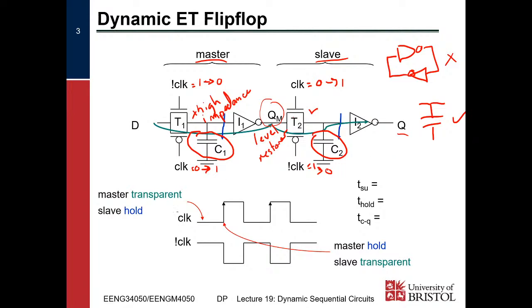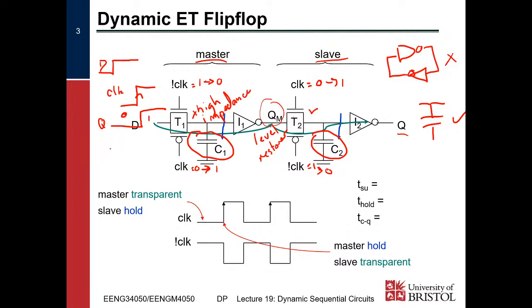So if we had a 1 on D before the clock edge, and let's say we have D, clock, Q, then Q on the clock edge will transition to 1.